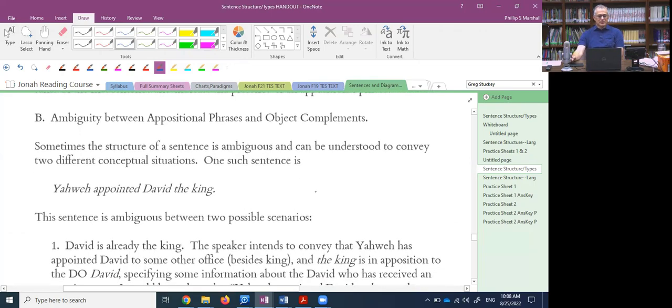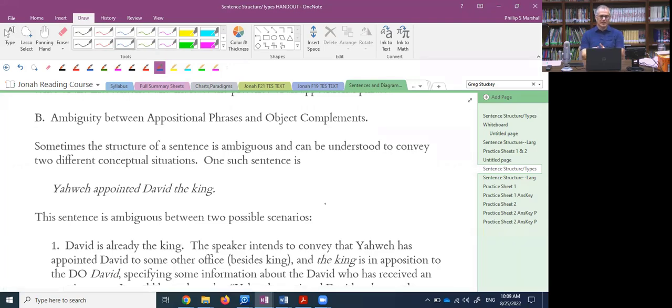And these differences where there's ambiguity are going to convey different conceptual situations. So a sentence like Yahweh appointed David the king. This is a grammatically ambiguous sentence. Now, there's nothing ambiguous about the meaning of the words, right? Yahweh is the name of the God of Israel.